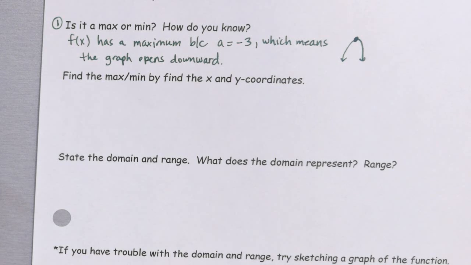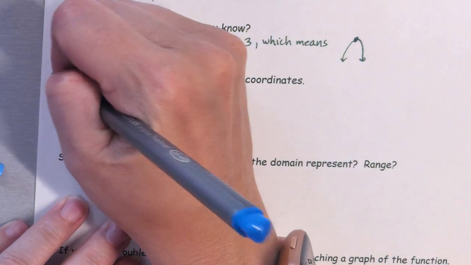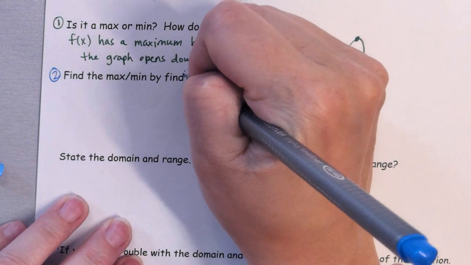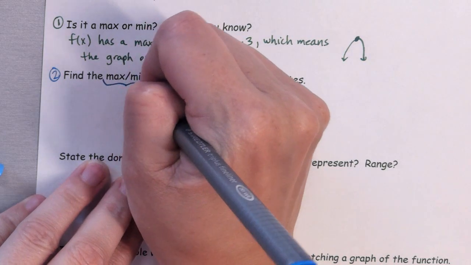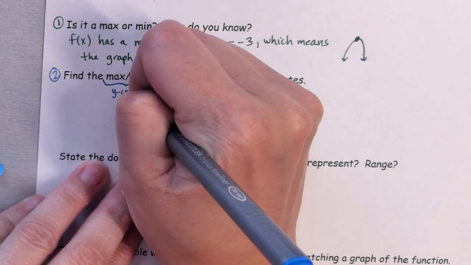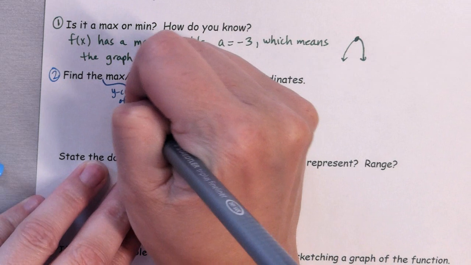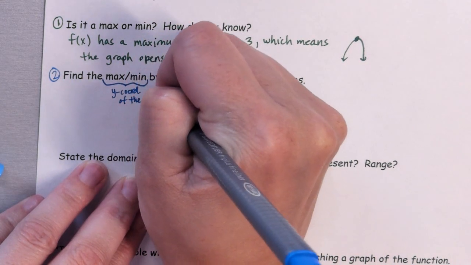Okay, the second thing we are going to do is find the max and the min, and this should say by finding the x and y coordinates. Okay, so the max or the min is going to be the y coordinate of the vertex.